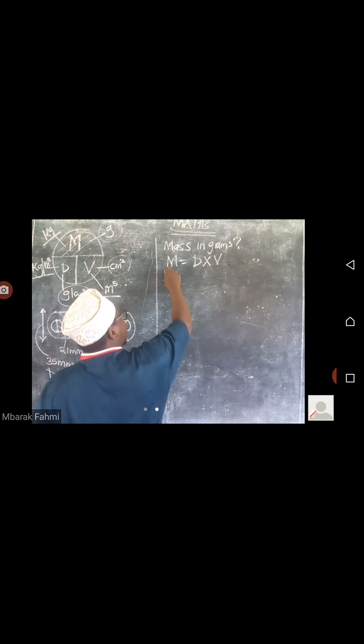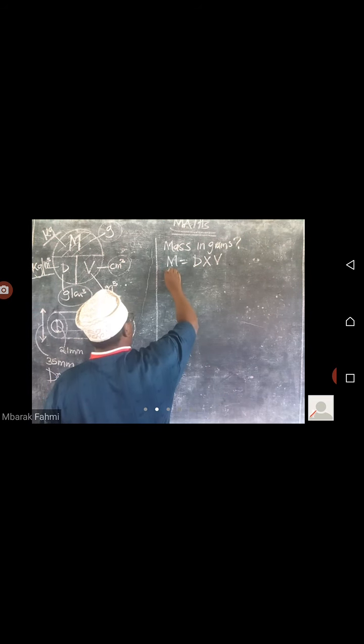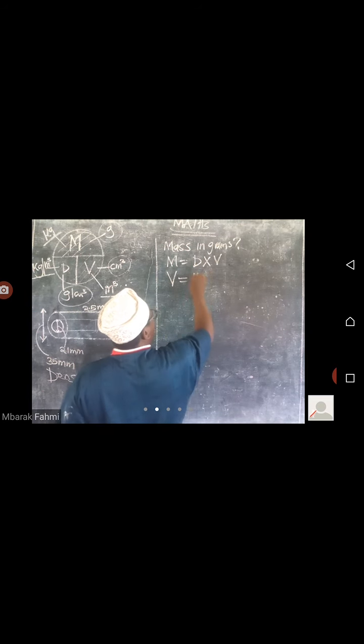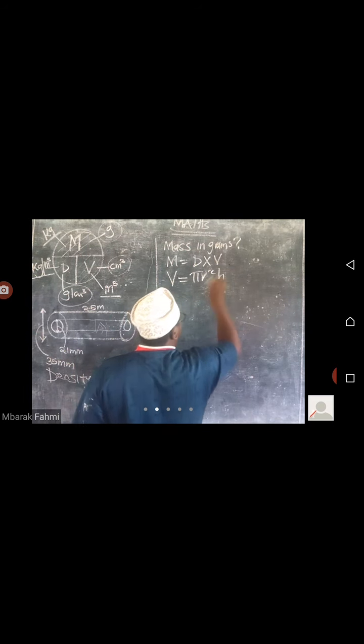Or, another alternative, we get the area of the bigger circle minus the area of the smaller circle, and then multiply by height. All the same, it will give us the same result. The volume is pi r squared height.